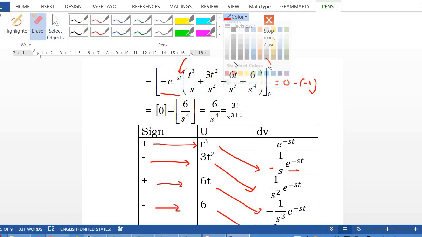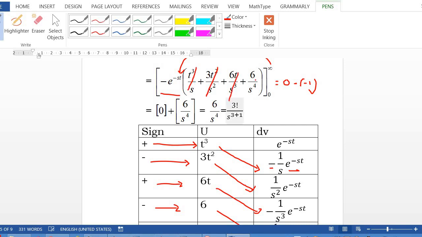Later on, substitute t here by 0, so this is 0, this is 0, this is 0. You have 6 over s power 4. 6 is actually 3 factorial, and 3 factorial means 3 times 2 times 1. S power 4 is actually s to the power 3 plus 1.